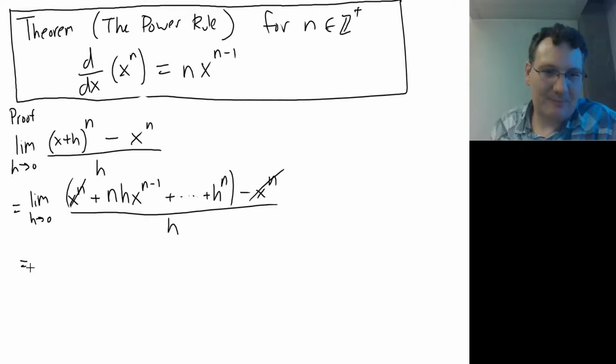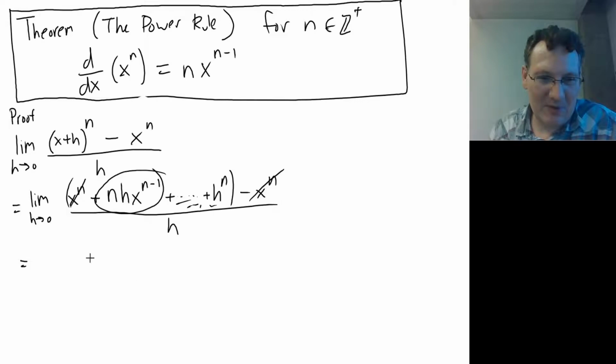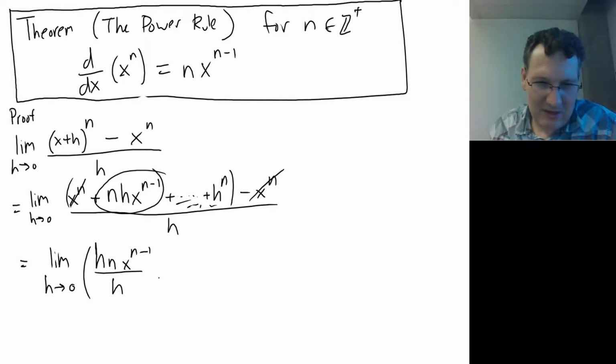And then after that, the only term where the h cancels is going to be this term here. Every other term has h to a power that's higher than 1, so you can factor out an h and you still have h to a power, so you're going to still have a bunch of h's there. And so this is going to be the limit as h goes to 0 of, let's see what we have. First we have h times n x to the n minus 1 over h, and then I'm going to add the other stuff.